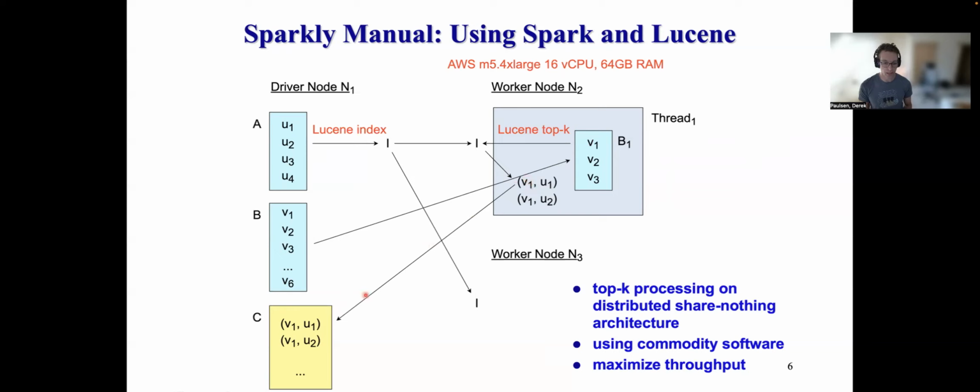We're finally going to collect all of these top K results back into our candidate set C, which is our final blocking output. As described here, we have a system that does top K blocking on a distributed shared nothing architecture. And we have specifically chosen this architecture to maximize our throughput.